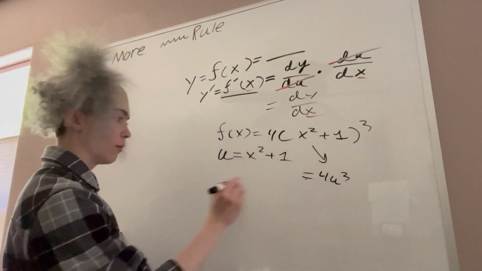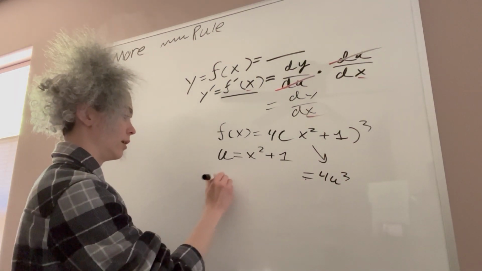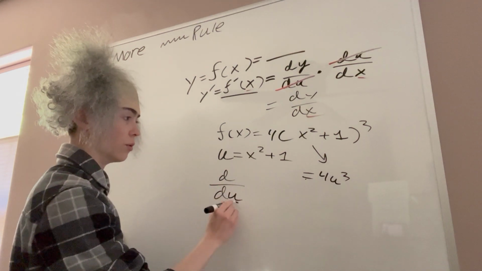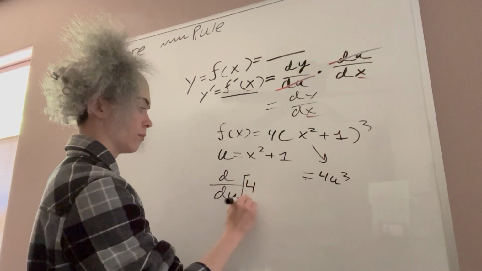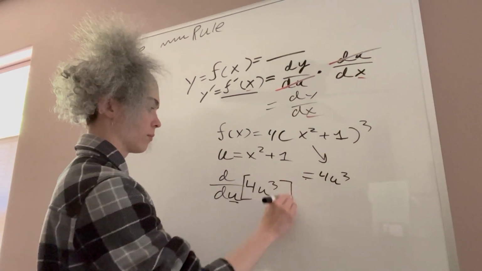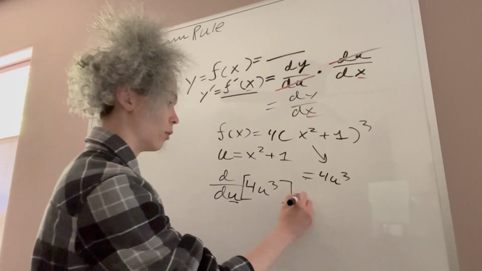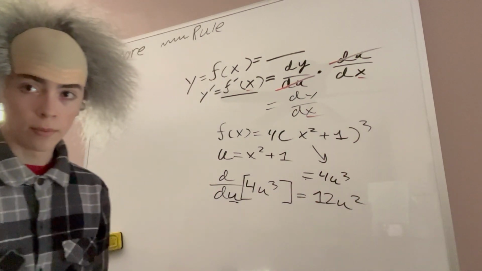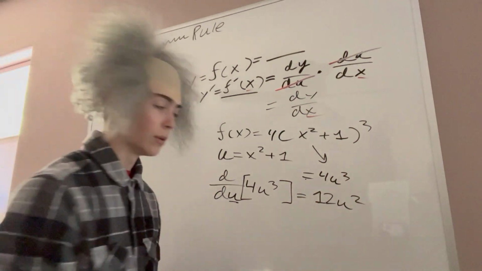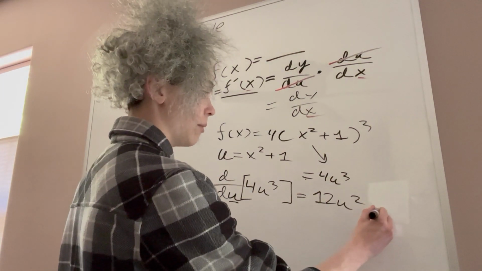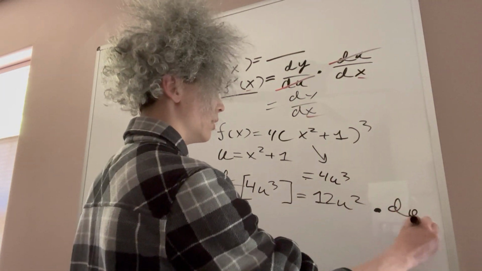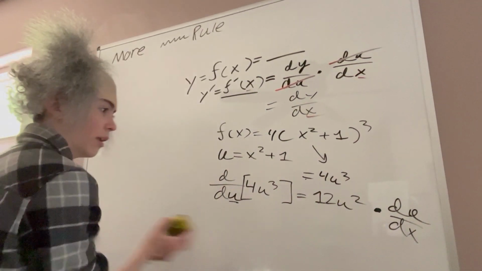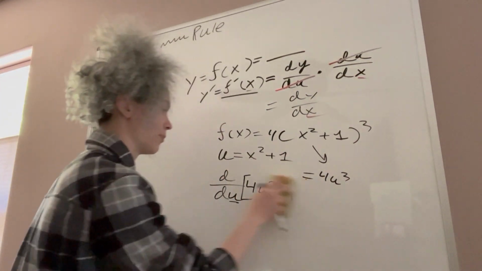If I take the derivative of 4u cubed with respect to u, we would get 12u squared. But that's a substitution, so we have to multiply by du dx.